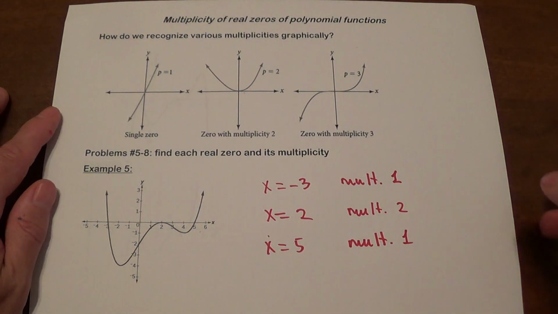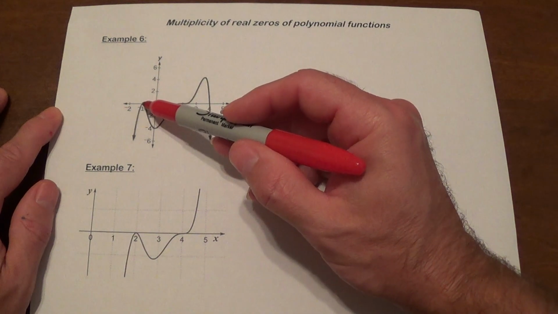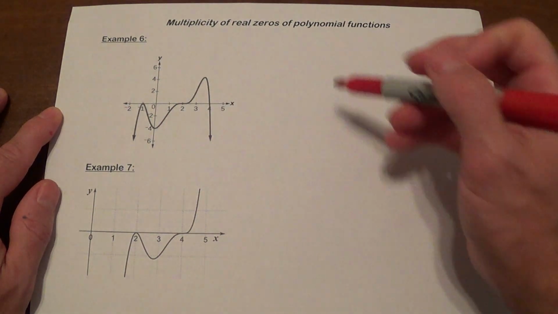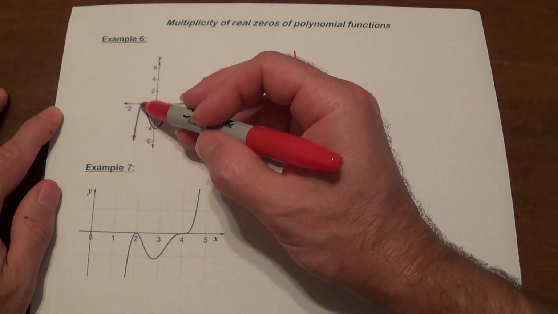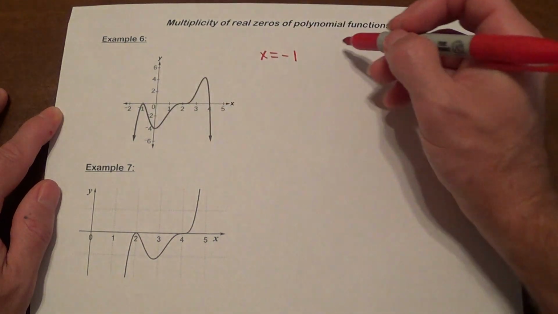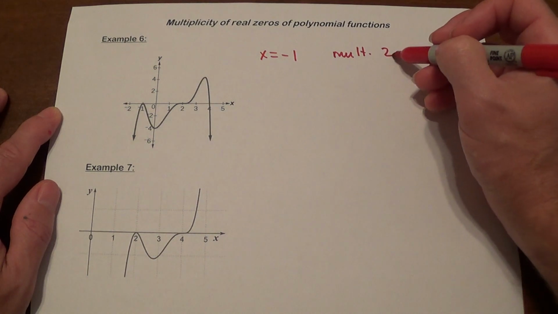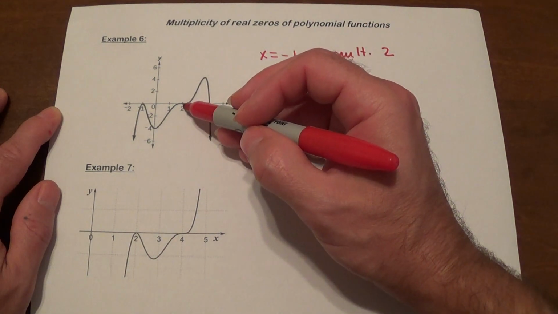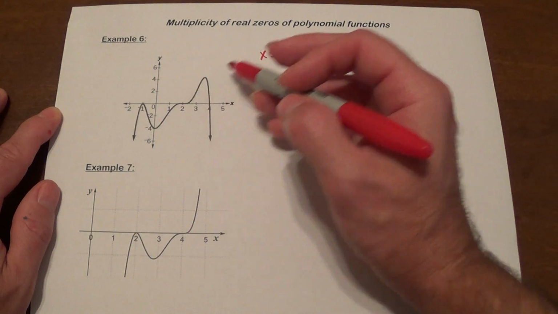Okay, let's take a look at a couple more examples. So we have this problem. We also have 3 values, -1, 2, and 4. So what's going on at -1? At -1, the graph is going to bounce off the x-axis. That means the multiplicity will be 2. At 2, the graph rises, flattens, rises.